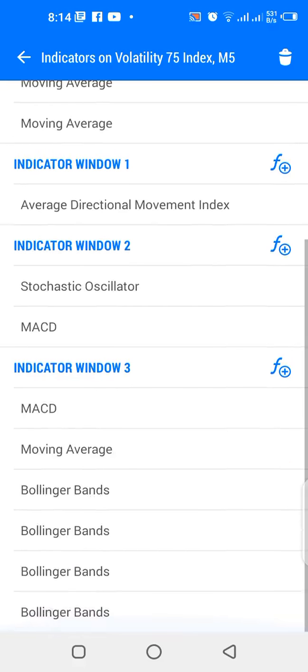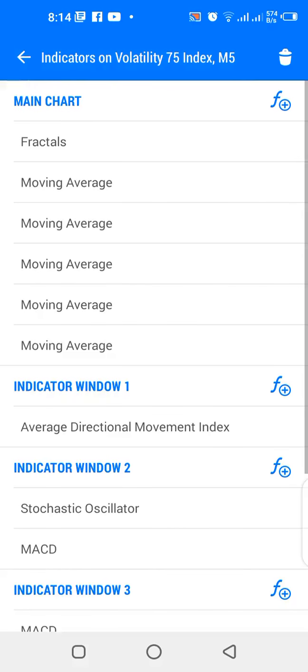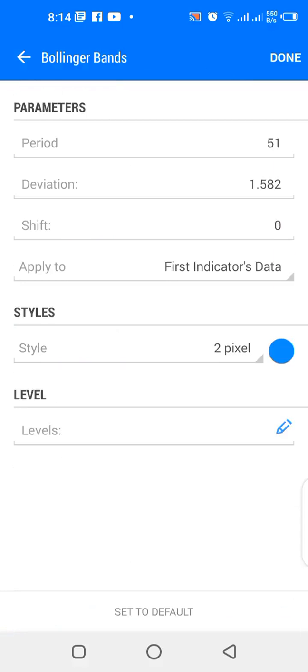Then we have some Bollinger Bands. The first Bollinger Band, the period is 51. The deviation is 2.082. Apply to first indicator's data, and the color is black. The second Bollinger Band is also 51. The deviation this time differs, and it is 1.582.